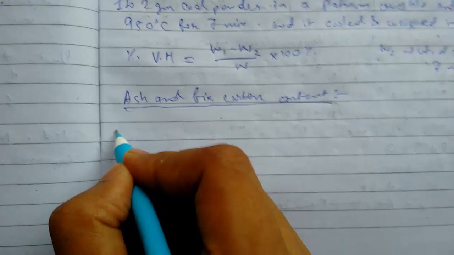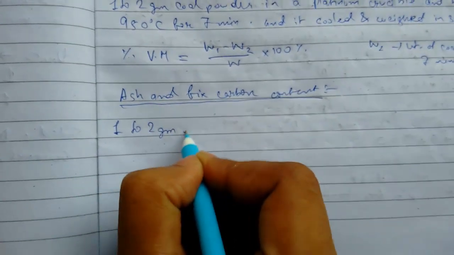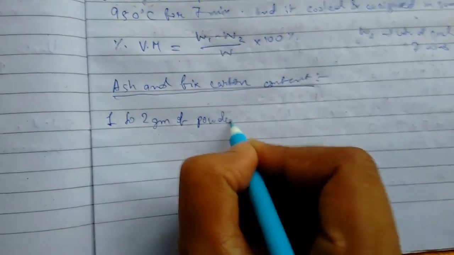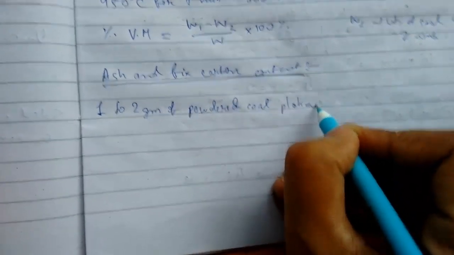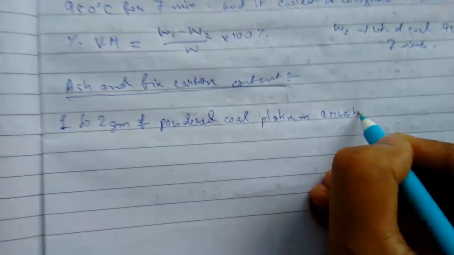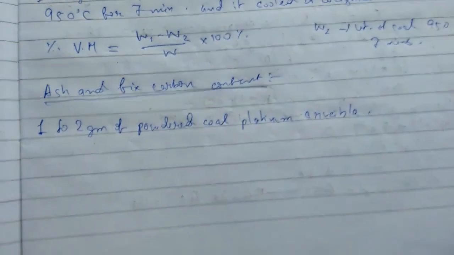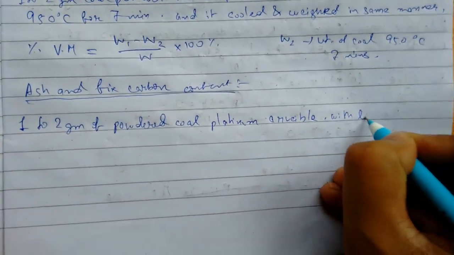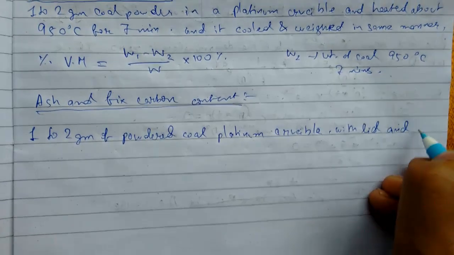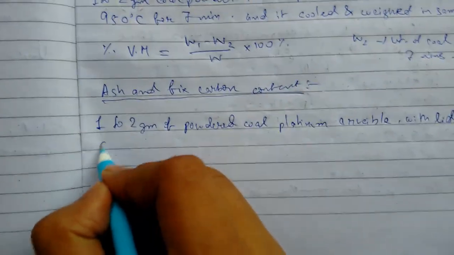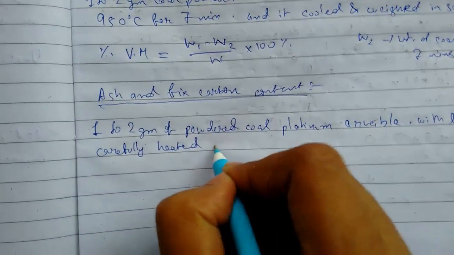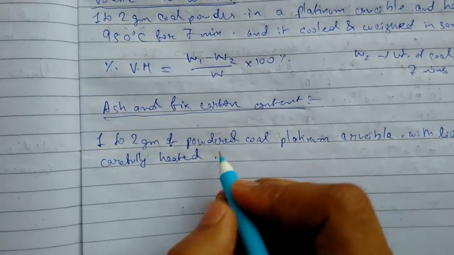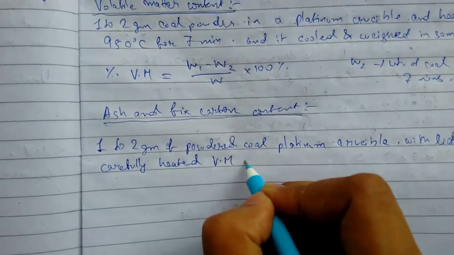Again the definition: 1 to 2 gram of powdered coal is taken in a platinum crucible with lid and is carefully heated to remove all the volatile matter content.